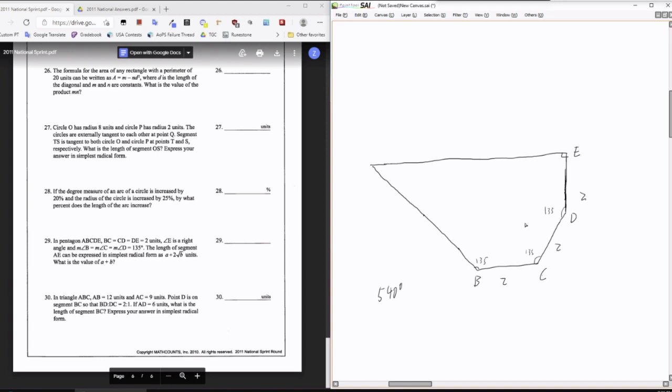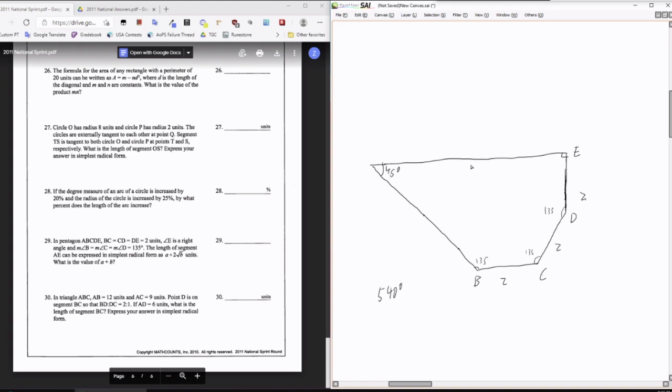These add up to 270, and then 405, and that's 495. So these four angles add up to 495 degrees, which means this angle is actually 45 degrees. So there are a bunch of nice angles here.